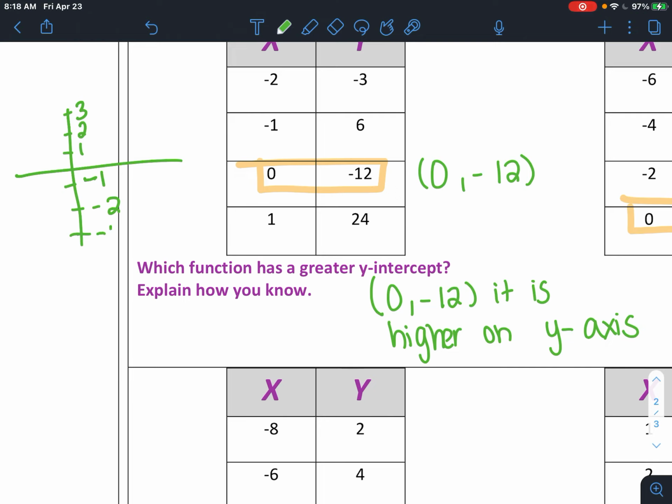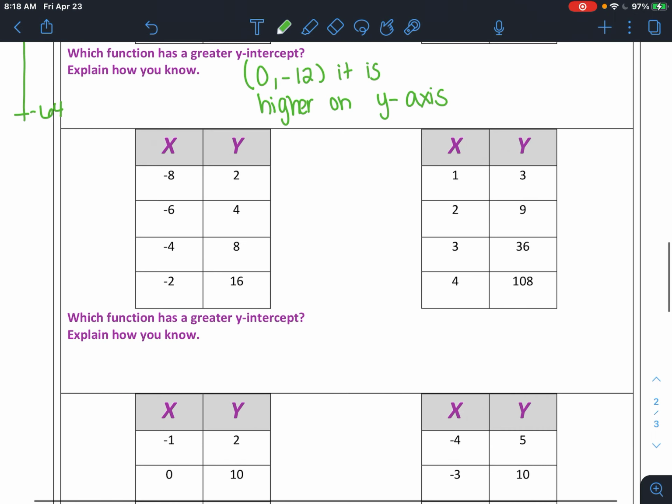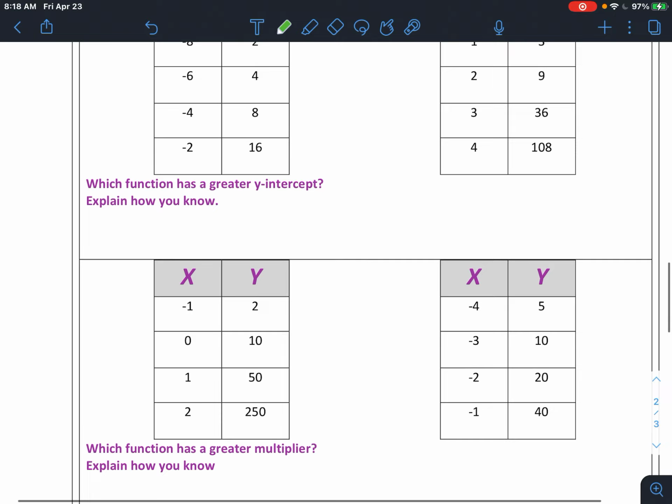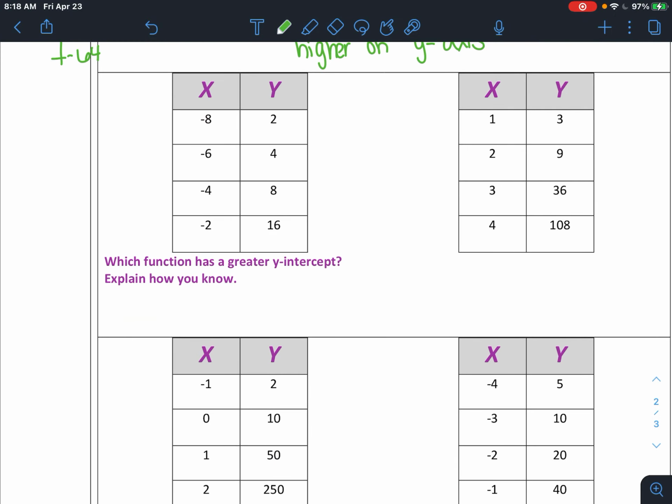We can go all the way down to -12, continue down. Here's -64. -12 is higher on the y-axis, so it's bigger, greater than -64. Okay, try the second one on your own. And, actually, let's do this one together.